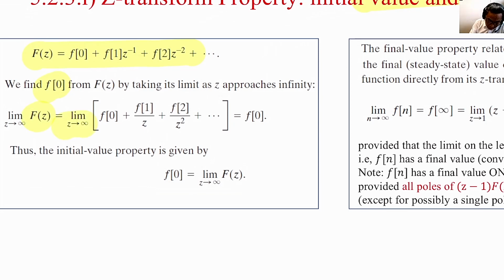You will see that the z minus 1 is all sitting at the denominators of this expression. By letting z tend to infinity, we're left with f(0). Hence, this is the way to get f(0) from F(z), by letting z tend to infinity.